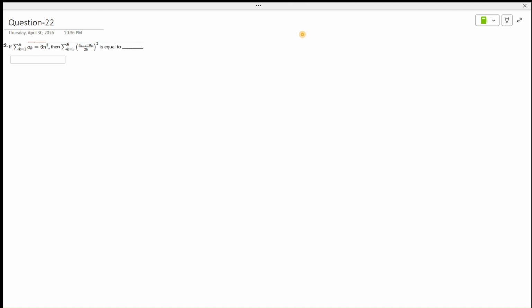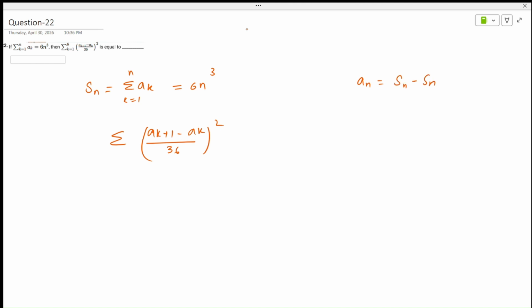Now let us look at question number 22. If summation a_k is equal to 6n cube, then find summation (a_{k+1} minus a_k) by 36, whole square. So summation a_k can be written as S_n, where k starts from 1 to n, which is also equal to 6n cube. To get the nth term, we'll subtract S_{n-1} from S_n.